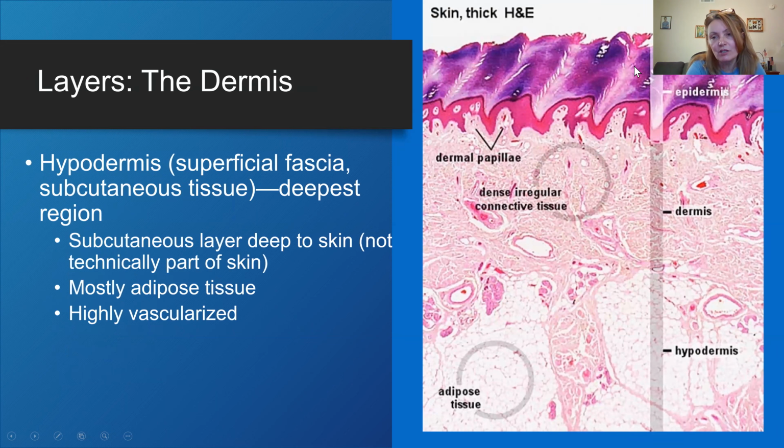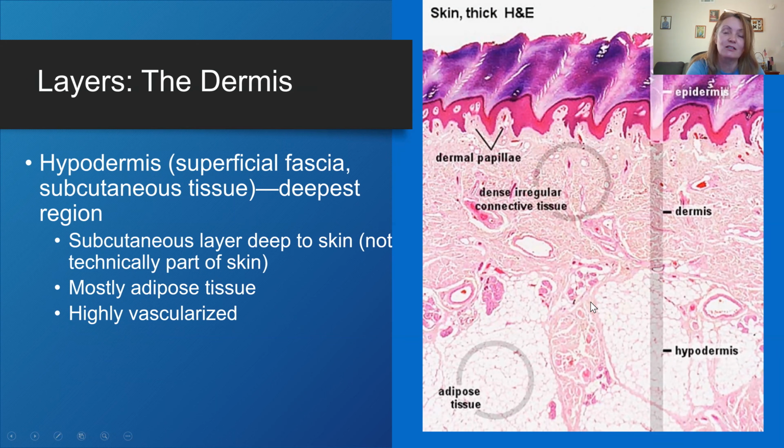Okay, so if you look here again, we have epidermis, we have dermis, and then hypodermis. Another name for hypodermis is superficial fascia, subcutaneous tissue. It's the deepest region. It's not technically part of skin, but it shares some functions, right?